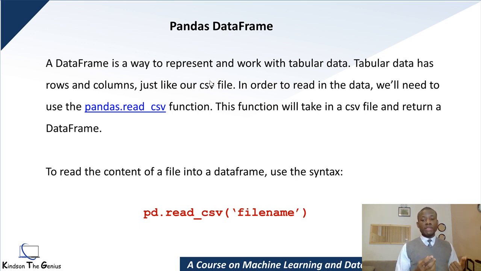Pandas is a module that you use to work with data. It calls the data frame, a way to represent data that is in a tabular format. The tabular data has rows and columns just like CSV files, and in order to read the data, you'll use pandas.read_csv. This function will take the CSV file and then return the data frame.